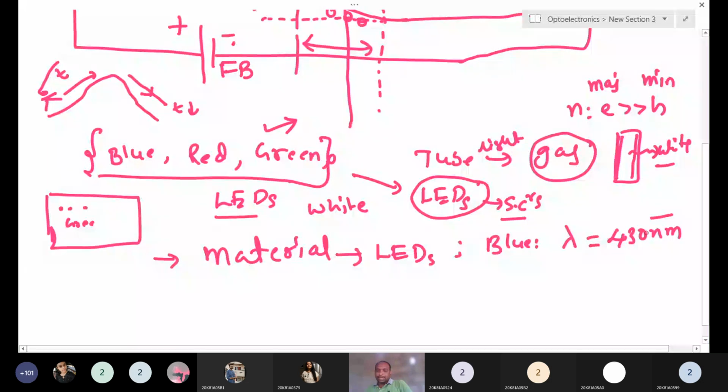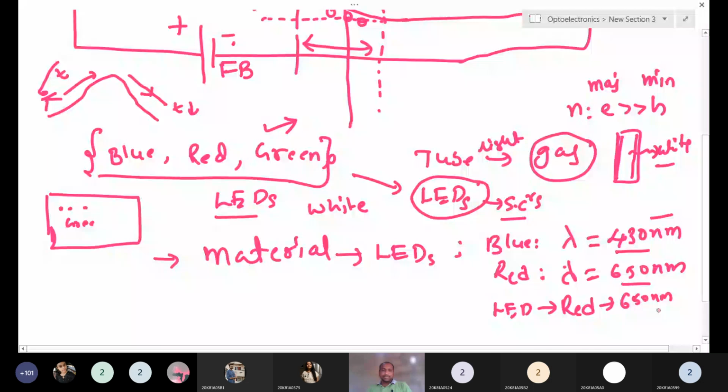So here we will do one small exercise problem. Suppose you want a red color. What material do you have to use, and how will you choose this material? Lambda, the wavelength, is given by the formula 1240 divided by Eg.